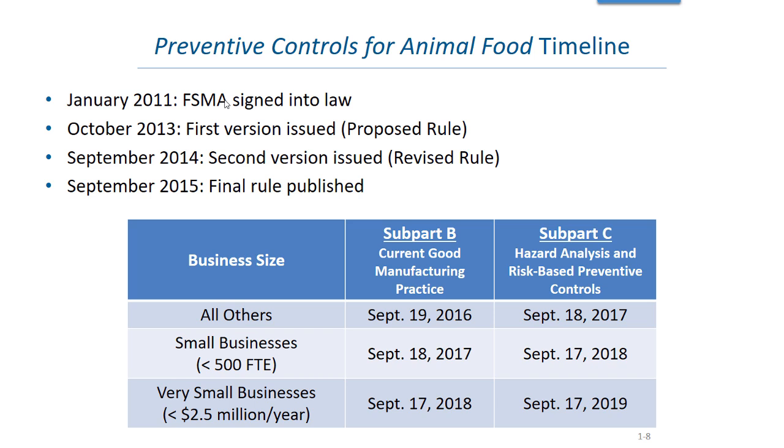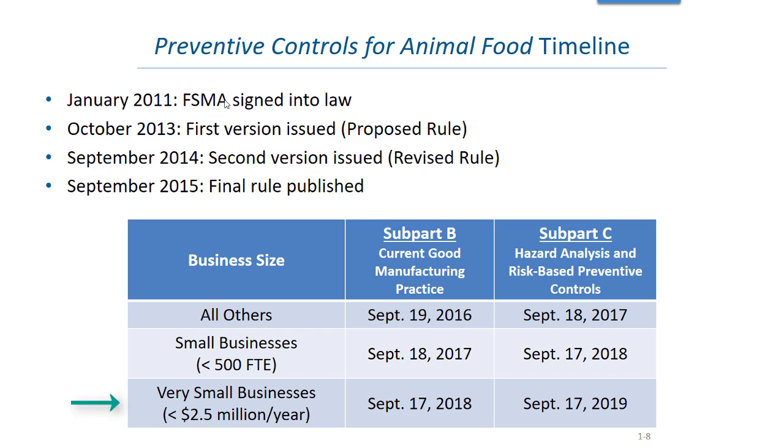But you can see the very small businesses have until September 17th of 2018 to come into compliance with that part. Subpart C takes a little bit more paperwork and a little bit more diligence. That is the hazard analysis and risk-based preventive controls. All of those compliance dates are 1 year out from subpart B.